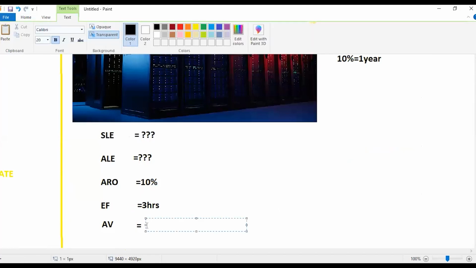Now, to find SLE, can anyone tell me what the equation is for finding single loss expectancy? Anyone here from a commerce background would find it easy and nostalgic?